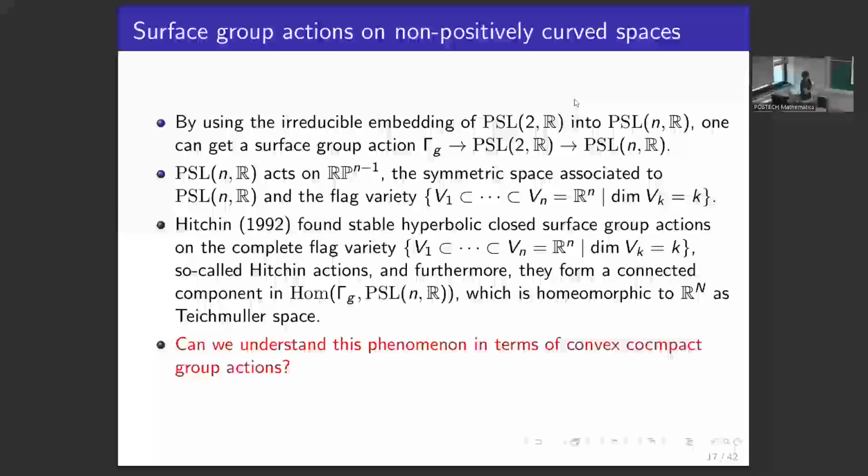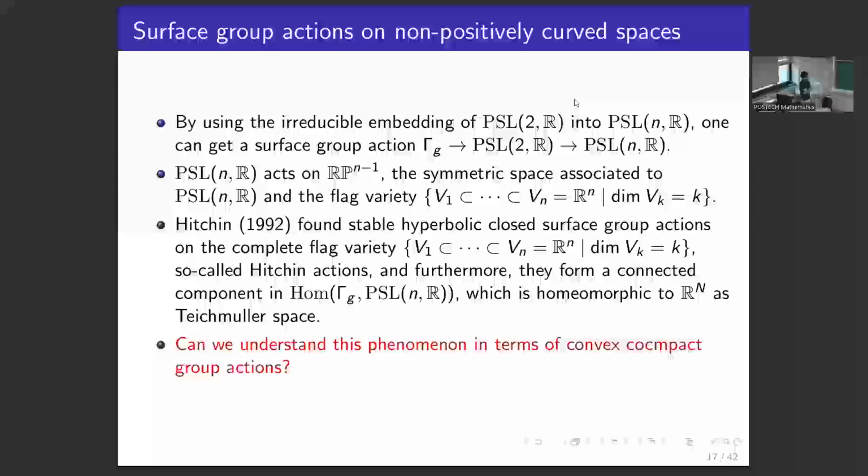Okay, and this space of Hitchin actions is homeomorphic to Rn. This space is the higher Teichmüller space. Okay, so this is also an example which is stable, right? It consists of a connected component. That means that if you perturb a little, then you again get an injective homomorphism.